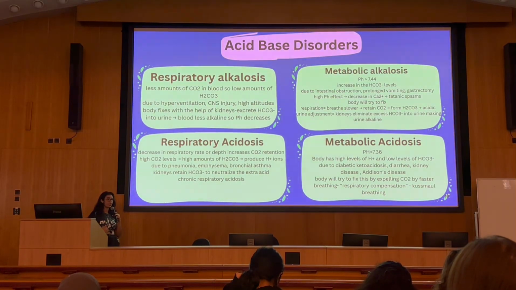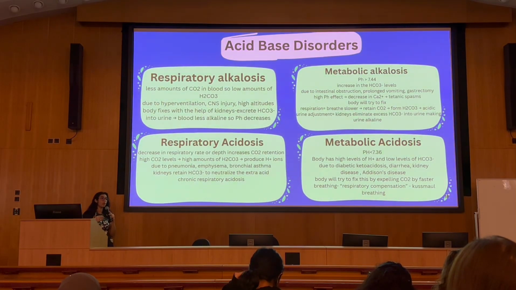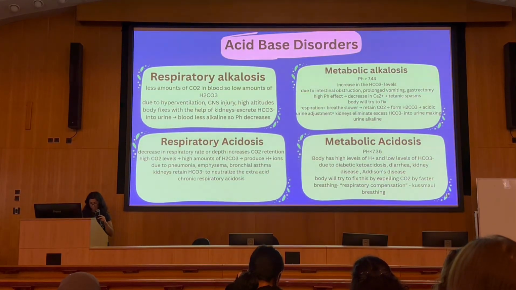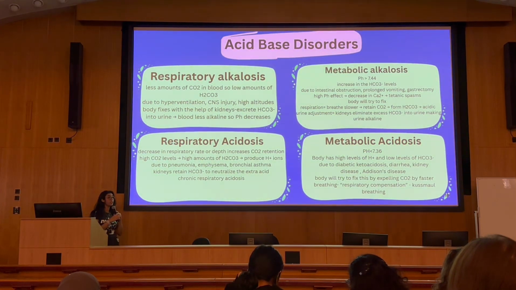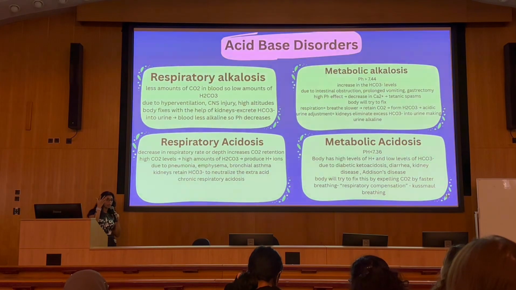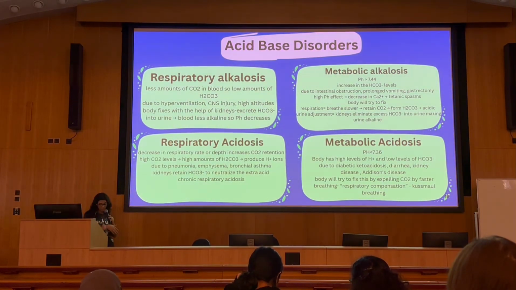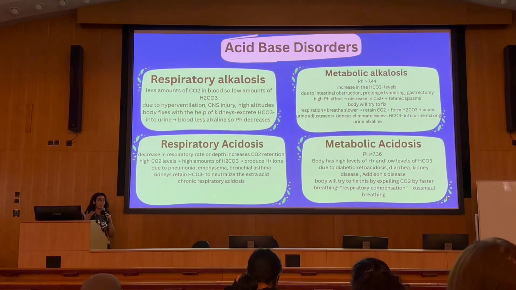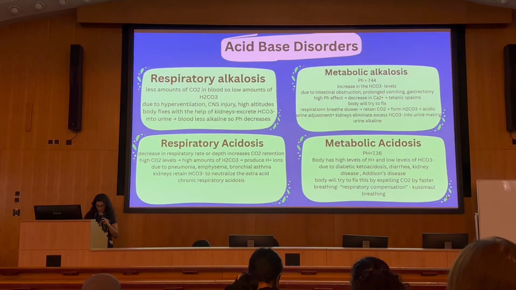By hypoventilation. Hypoventilation is when you're not exhaling enough, your breathing is very low, and you're not exhaling carbon dioxide, and this builds up carbonic acid. If you remember the equation from before, more carbon dioxide can go and form carbonic acid, which makes the pH drop and leads to acidosis.